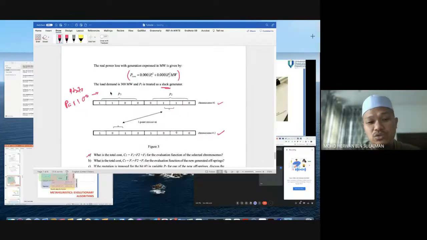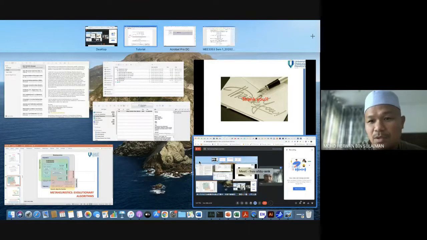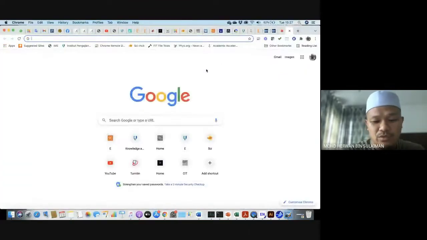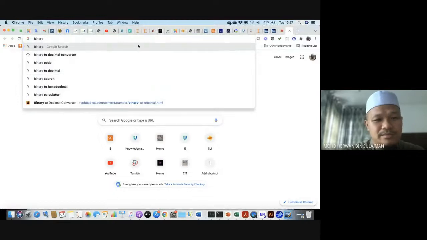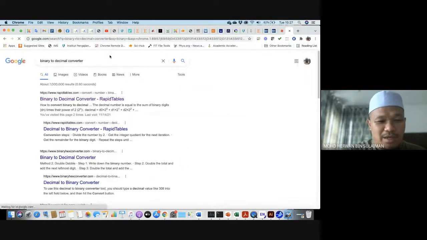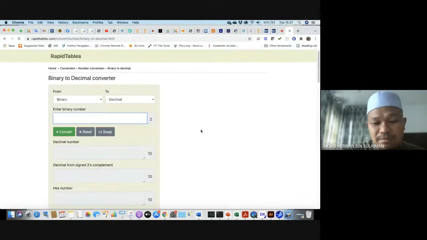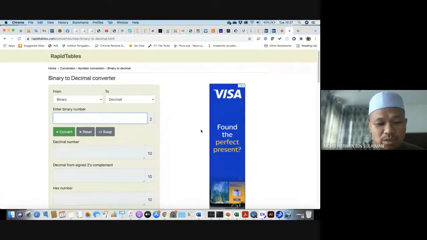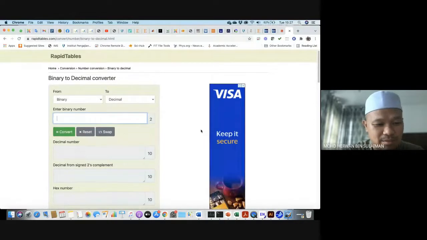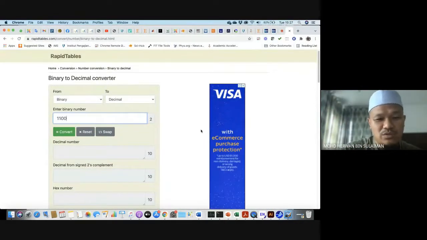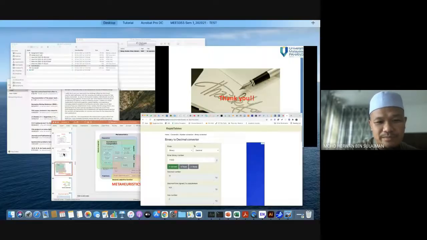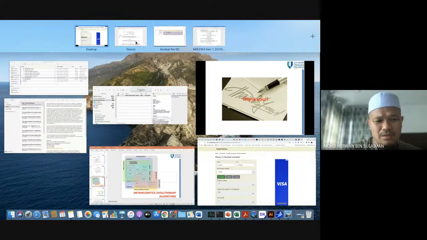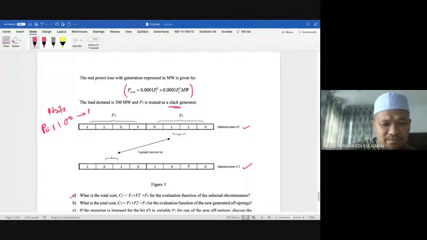You can use a binary calculator, or remember how you calculated binary to decimal in your class last time. Converting 1100 to decimal, it is 12.